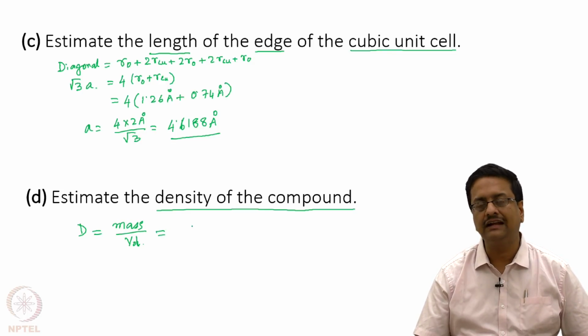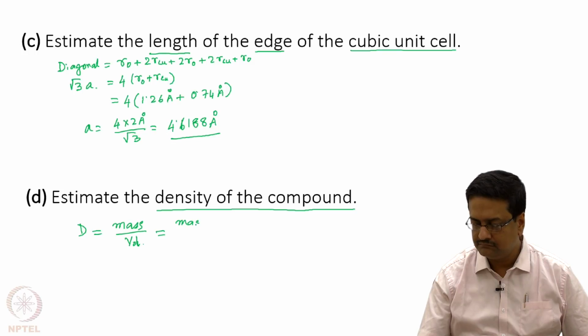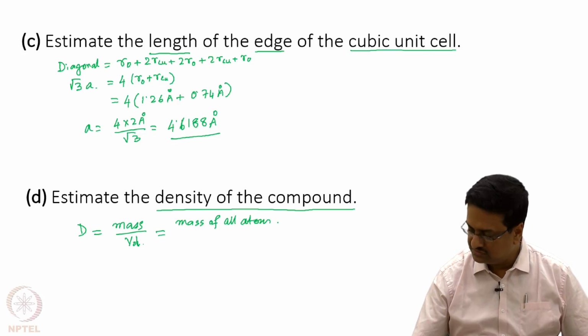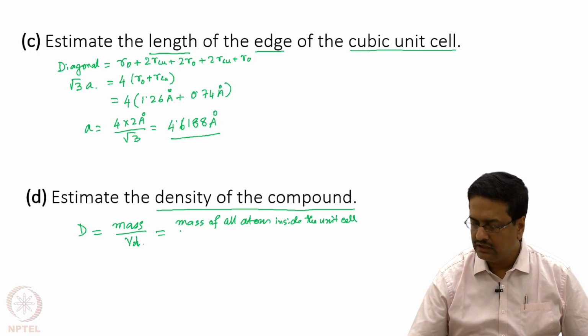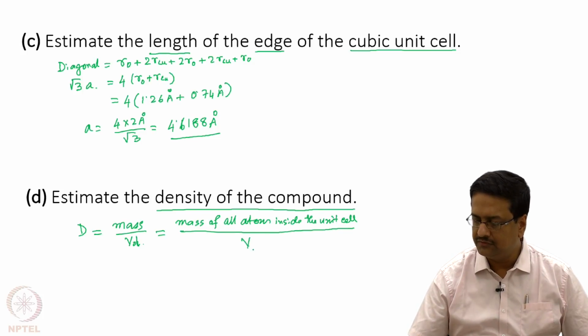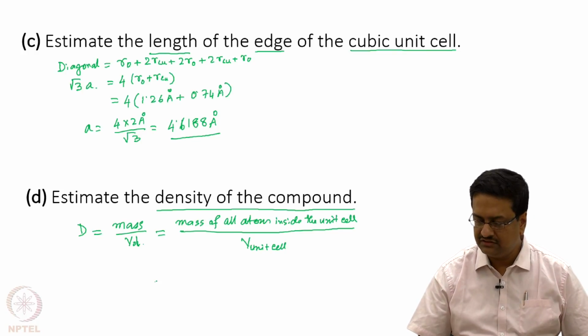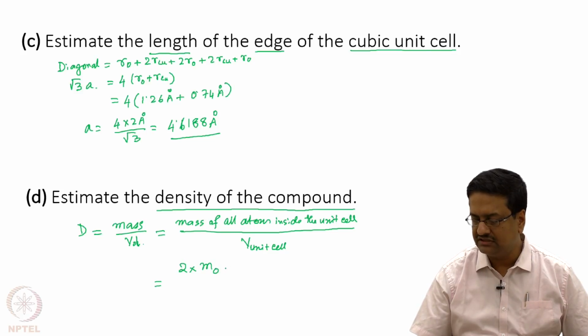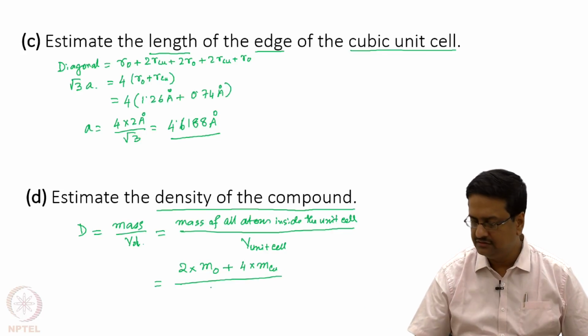The mass of all the atoms inside the unit cell divided by the volume of the unit cell, which means we are talking about 2 into the mass of an oxygen atom plus 4 into the mass of a copper atom, divided by the V cell.